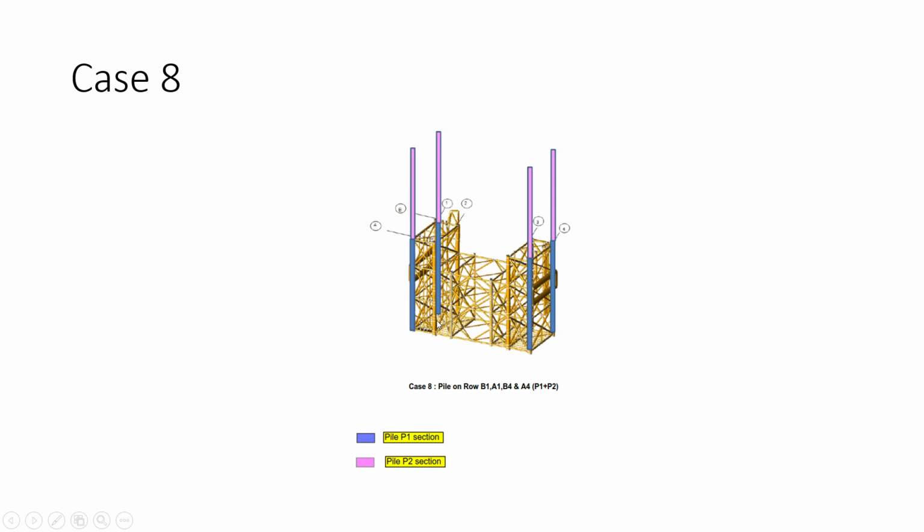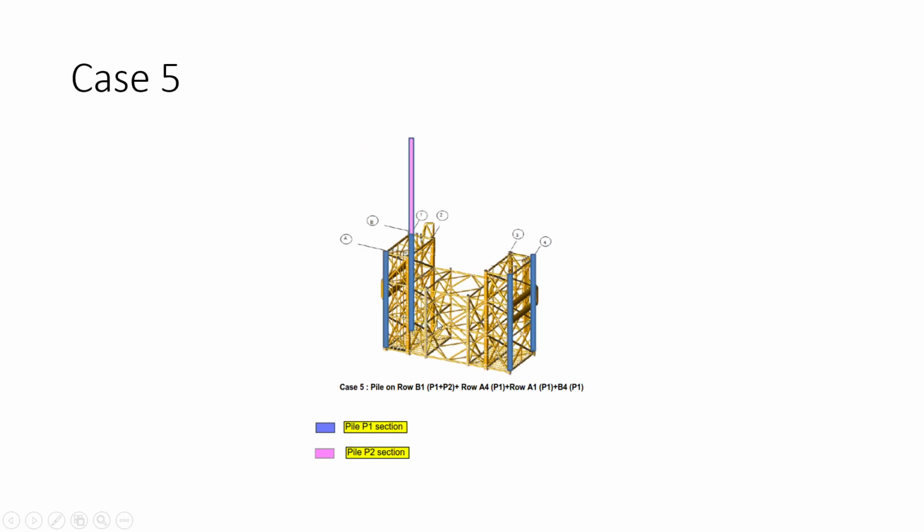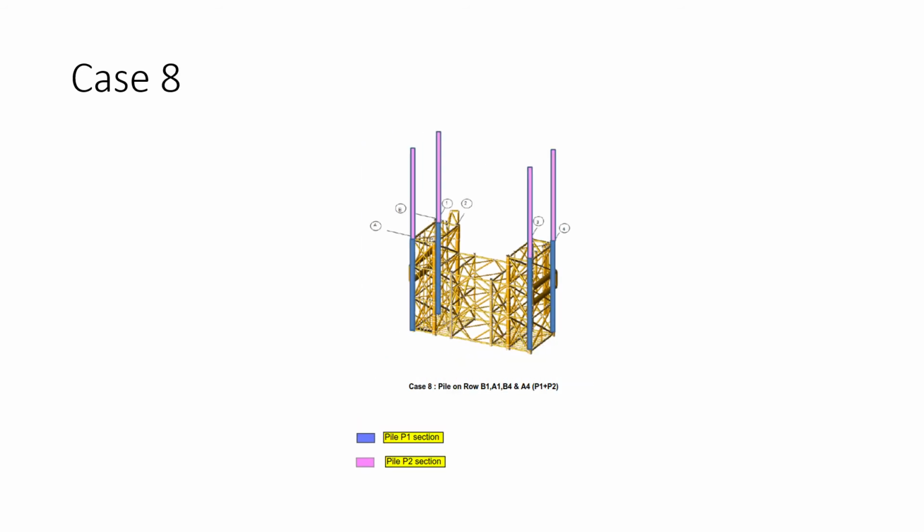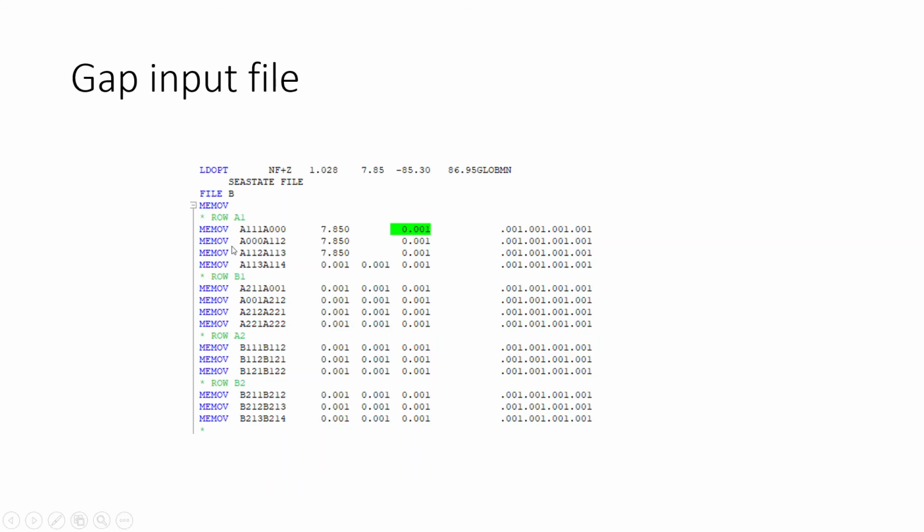What you have to do now is how to do these cases in the software. Case 1 up to case 8 is there. If you see here, row A1 B1 A2 B2, these are the piles actually. These are the joints A111, A0.